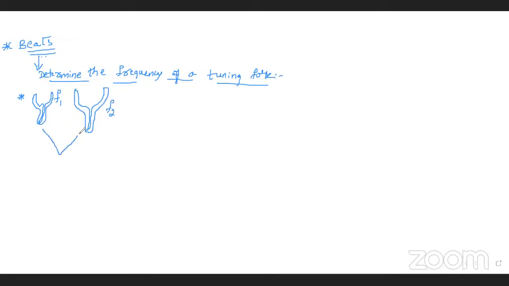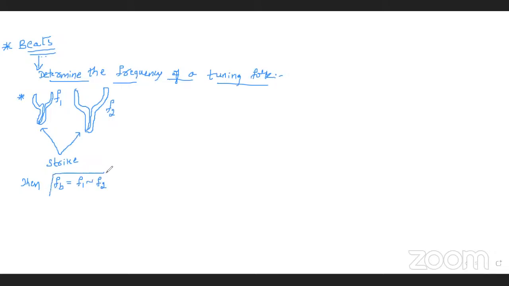When these two tuning forks strike each other, the number of beats heard per second is always equal to the difference of F1 and F2.